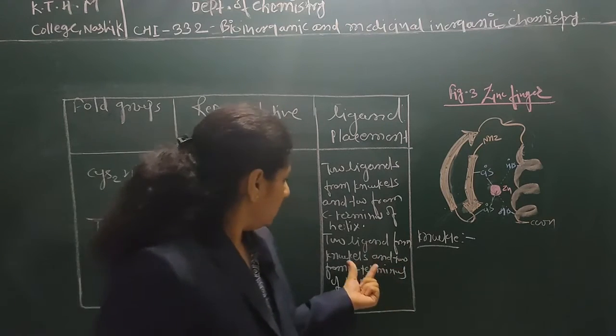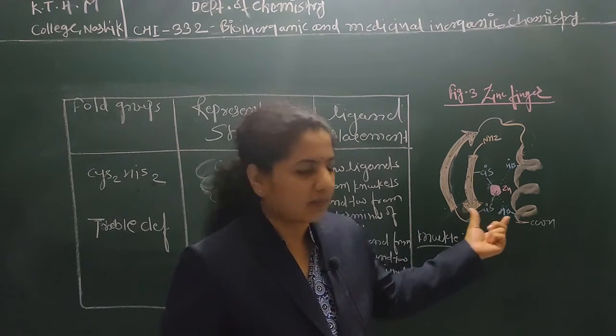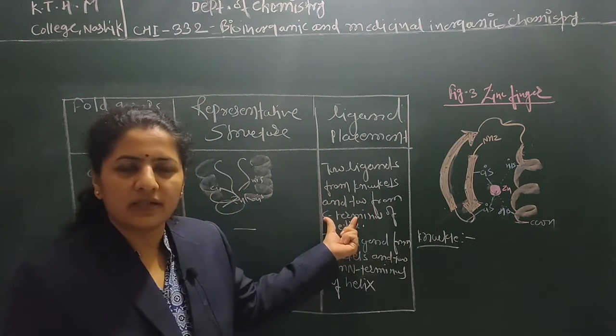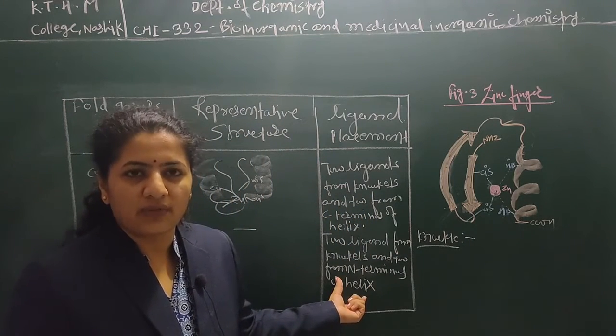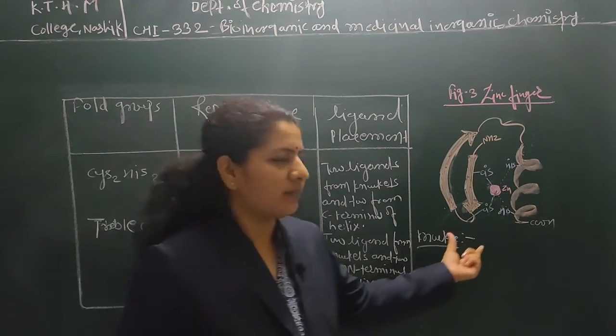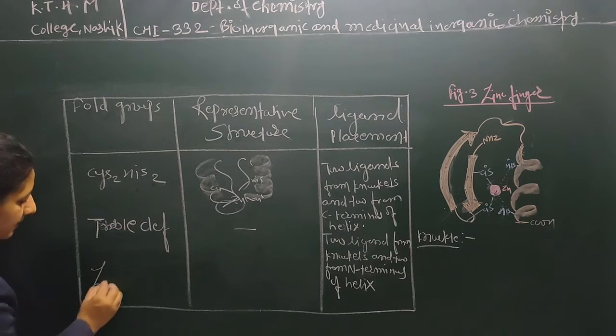Here, we know that each chain has two termini, N terminus and C terminus. Here our zinc finger is from the C terminus and two ligands of the treble clef are from the N terminus of the helix. Now the next one, that is a zinc ribbon.